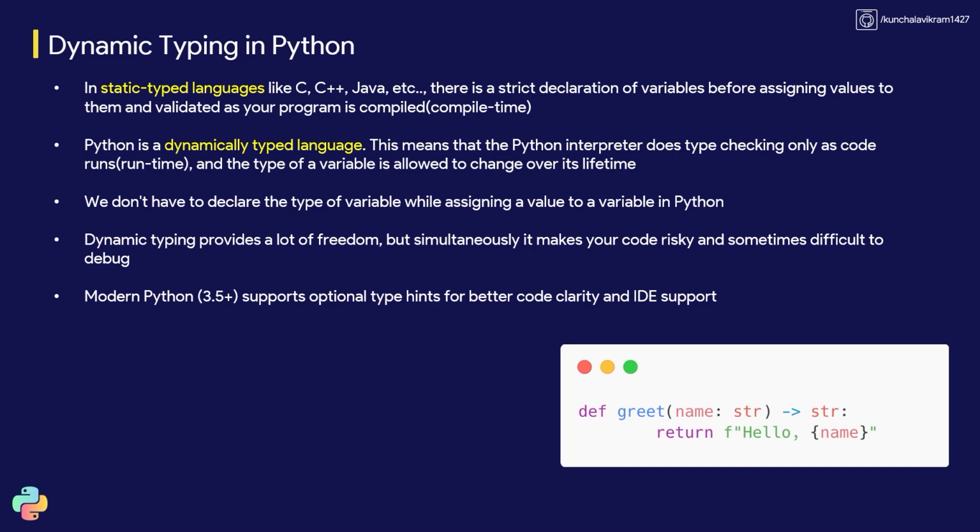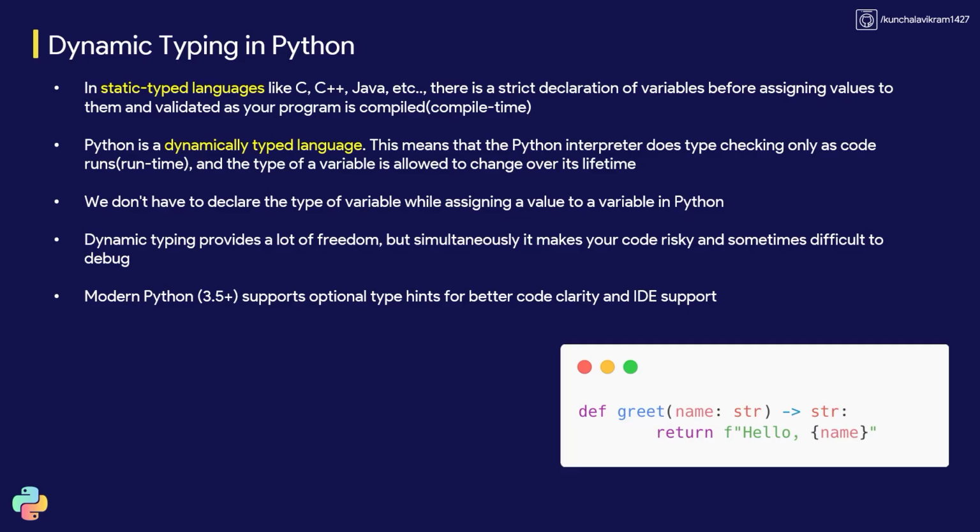The compiler validates these types at compile time, but Python works very differently. The interpreter doesn't check the type of the variable at static time, but during the runtime it will check. And the type of the variable is allowed to change over its lifetime.